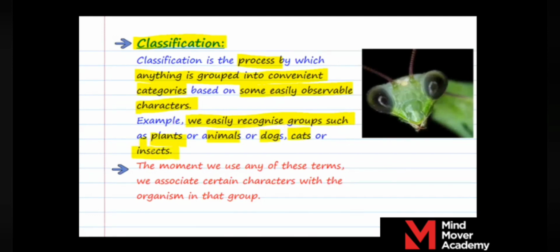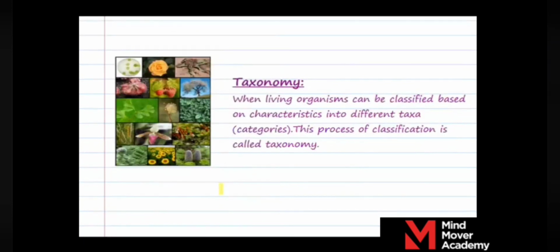So basically we have classified organisms into plants and animals on the basis of some observable characters. So this is called classification. The moment we use any of these terms, we associate certain characters with the organism in that group. So using these terms like plants, animals, dogs, cats, insects, we are associating some characters with the organism in that group. So that was classification.